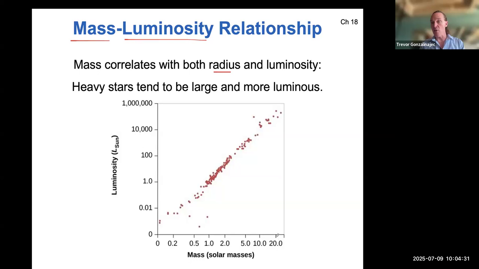So we see that if you get just a little bit bigger, 10 times bigger, then you get a lot more luminous. 10 times bigger is about 10,000 times brighter. So quite a dramatic relationship.